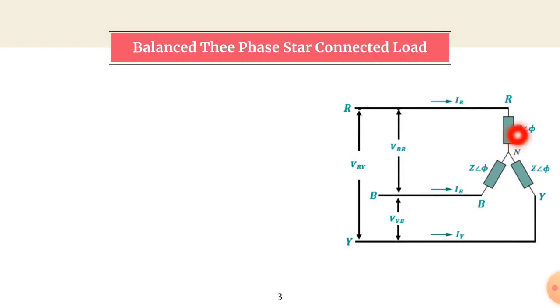Since it is called a balanced load, all the loads have the same value Z at an angle phi, where Z is the impedance connected to that particular phase and phi is the angle between the particular phase voltage and the phase current. The entire system is connected to a three-phase balanced system.